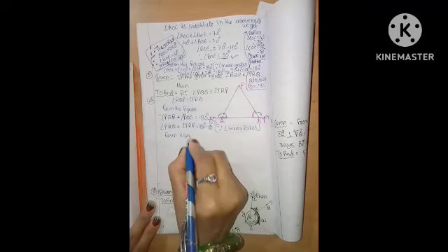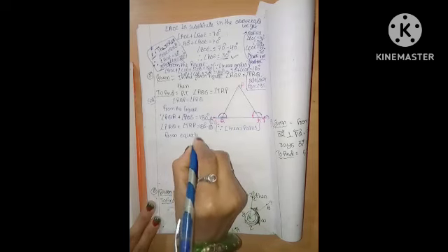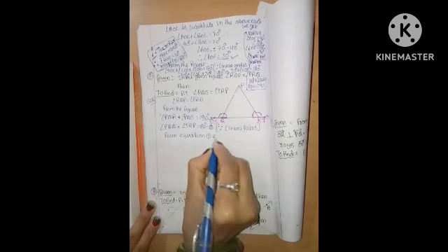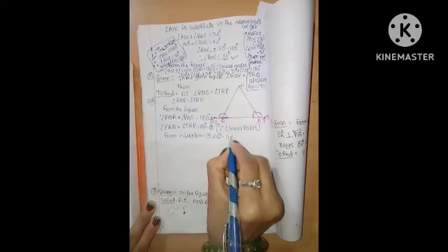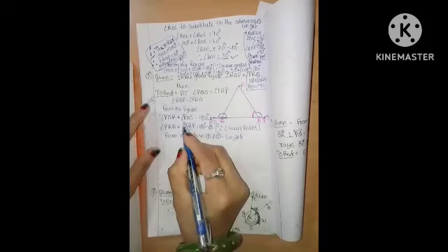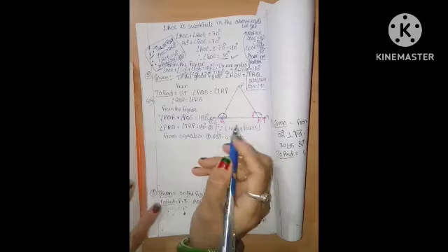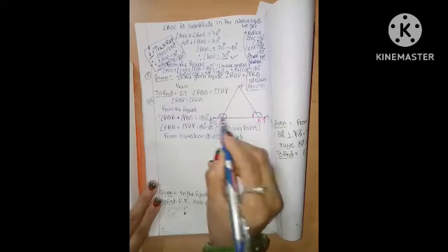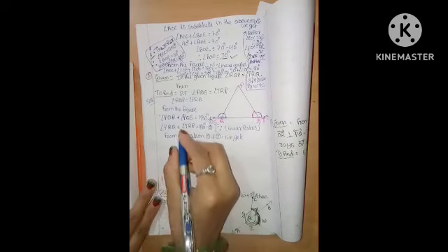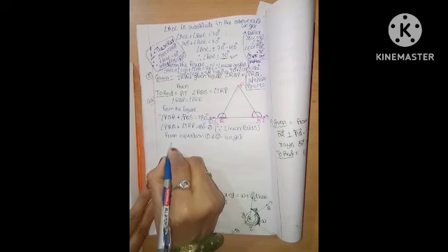From equations 1 and 2 we get, this is the LHS side and this is the RHS side. Both RHS sides are equal, so the LHS parts are equal as well.